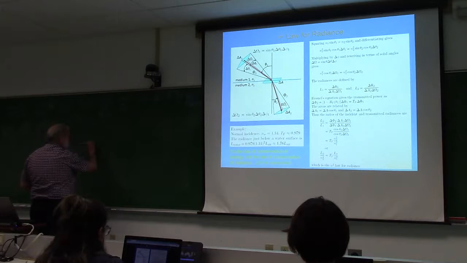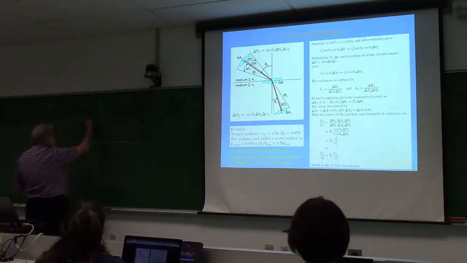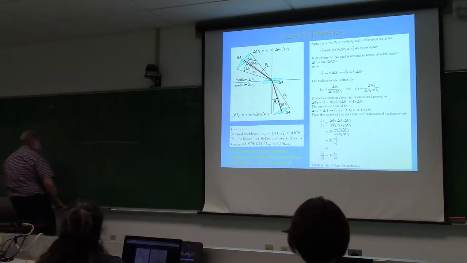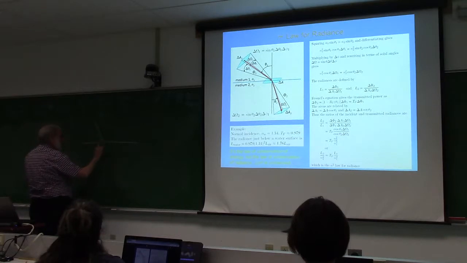So here's a sea surface, and let's say we're coming in this direction here, do the little Snell's law thing, and there's the direction that goes through into the water. Now if we come across in this direction, then this is going to be refracted into this direction here.